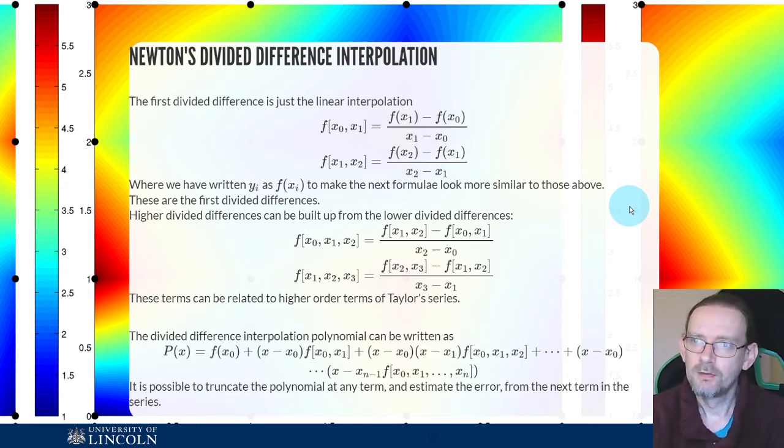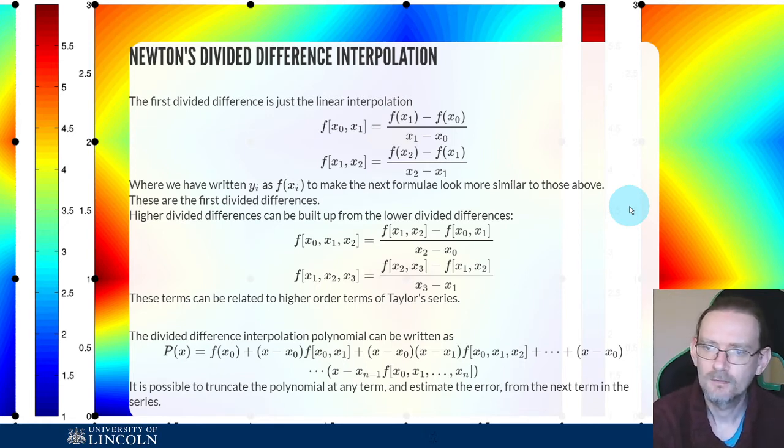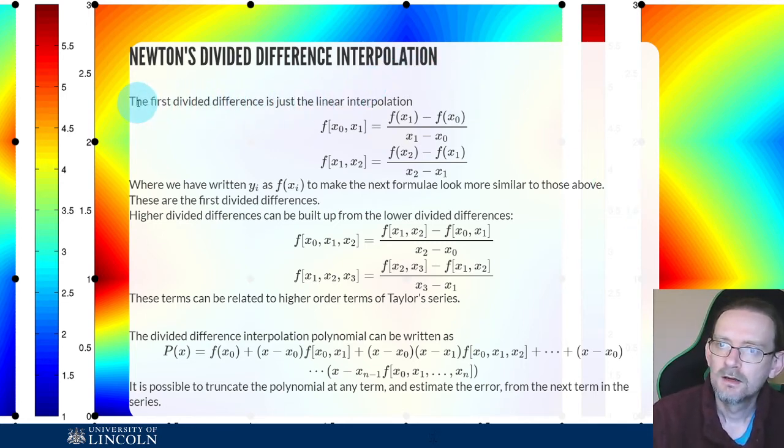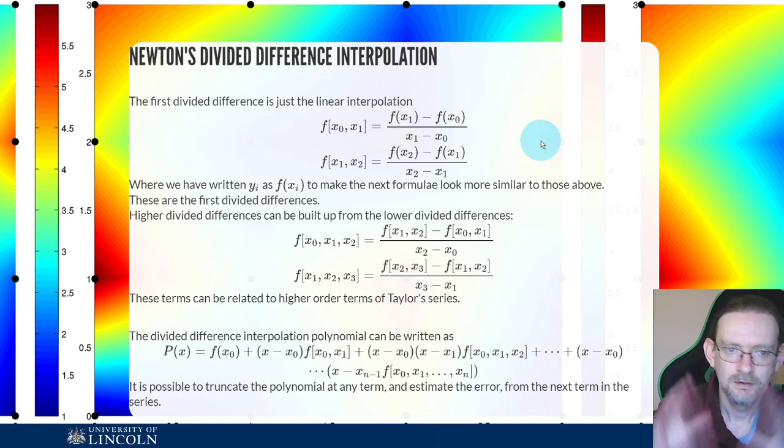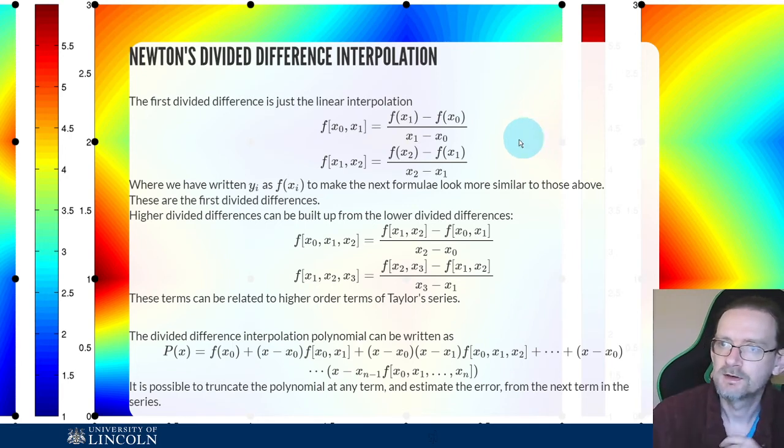One way of building up this interpolation is something called Newton's divided difference. This is quite nice because it can be done systematically. You can code it up in a systematic way. What you do is you build up these functions, which are essentially numerical derivatives of your data at different points.